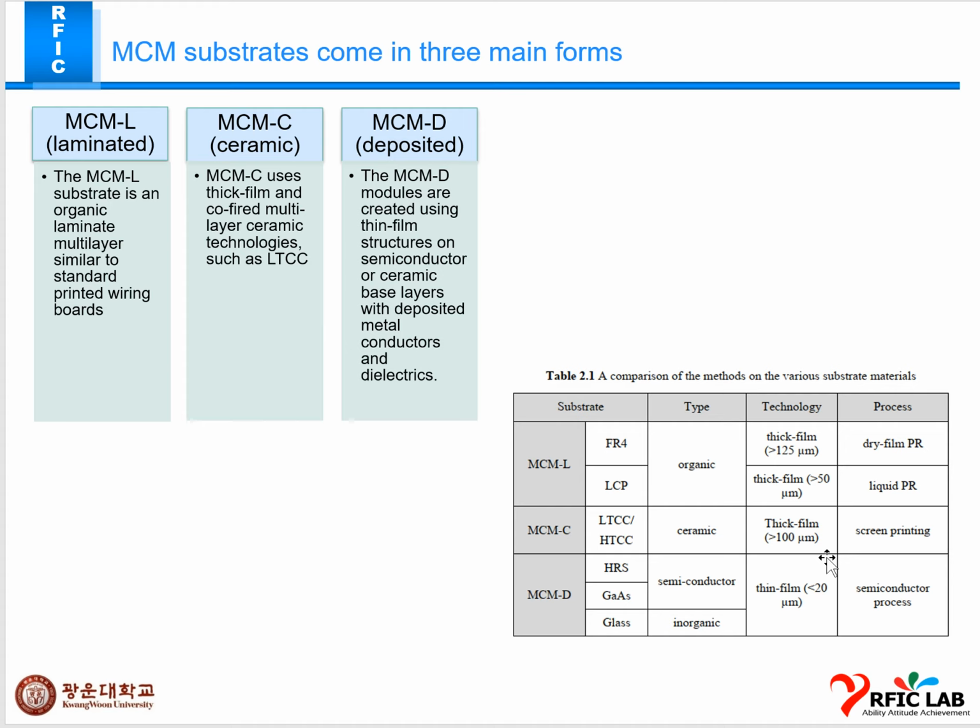And in the MCM-C case, ceramic type, thick film, and the process is screen printing. In the MCM-D case, thin film, which is less than 20 micrometers, and semiconductor process. And in the MCM-L case, they are using dry film PR and liquid PR process.